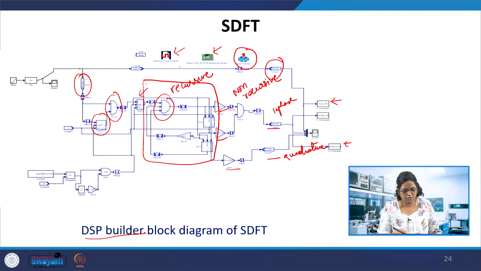When you dump this code as Verilog or VHDL in the FPGA and it runs in the chip, you can tap the signal through the SignalTap analyzer from the points where we want to see the output. Suppose I want to see the output at this point, you can connect the SignalTap analyzer here, tap the point and get the samples viewed. What is the output at this point? That can be viewed through the MATLAB Simulink environment.